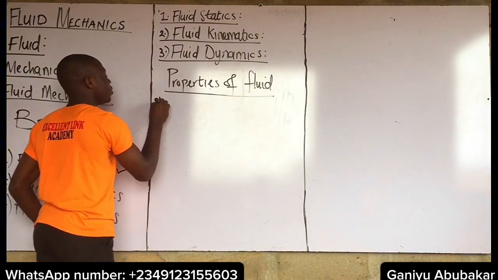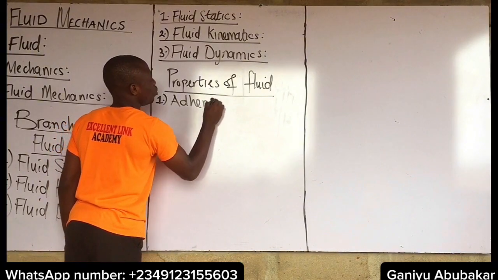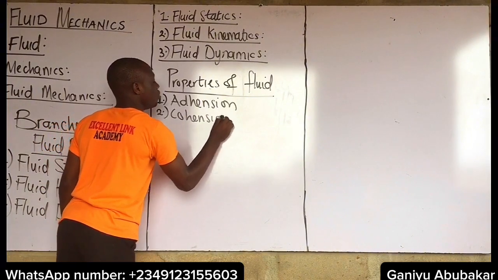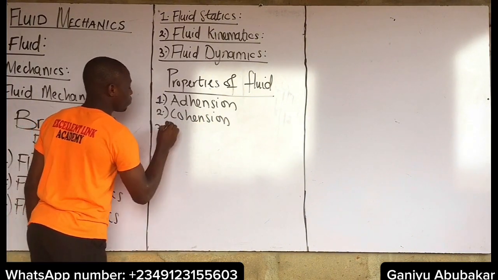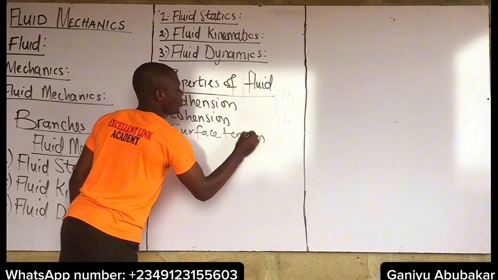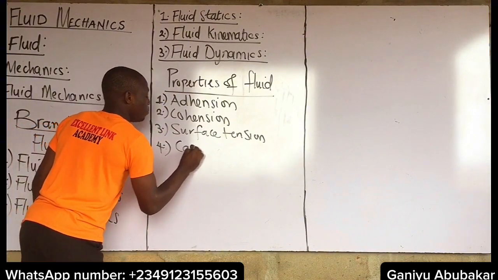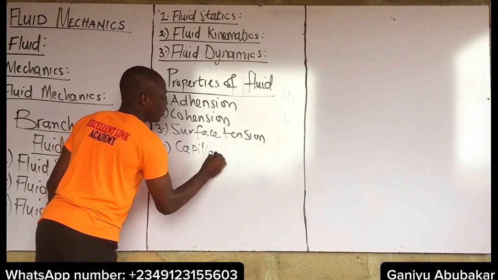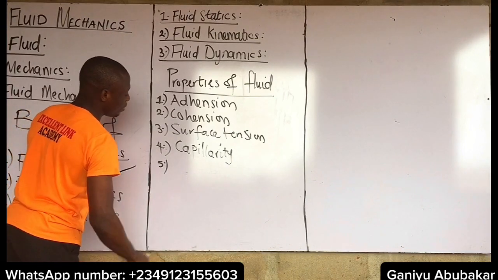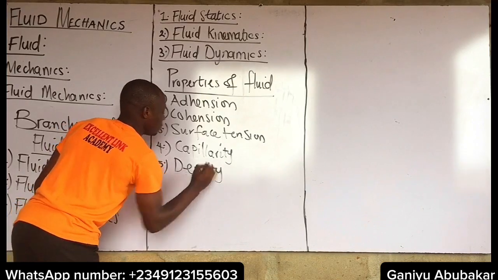Properties of fluid. Number one, adhesion. Number two, cohesion. Number three, surface tension. Number four, capillarity. Number five, density.